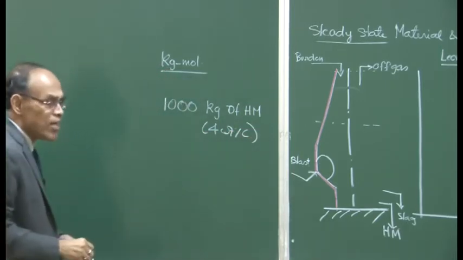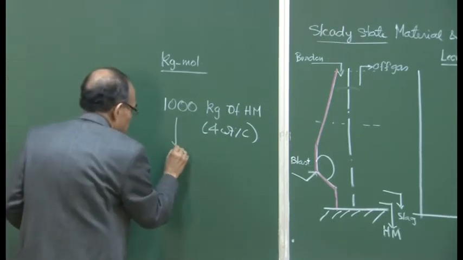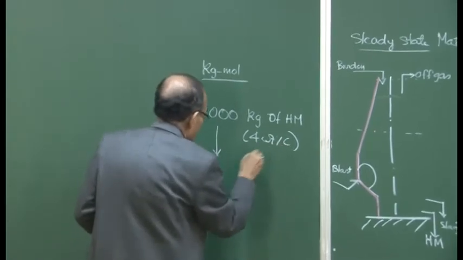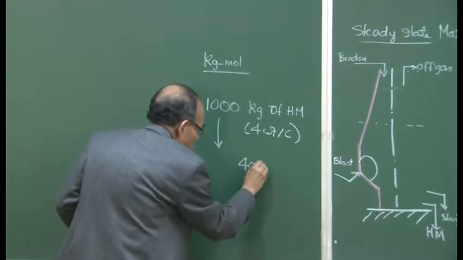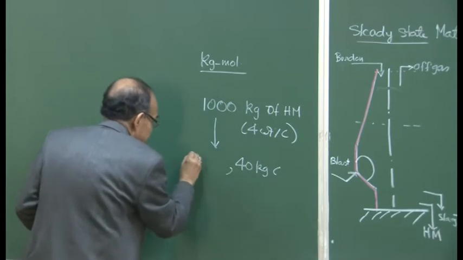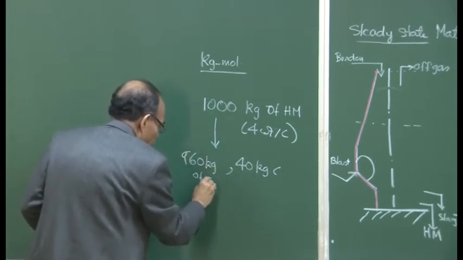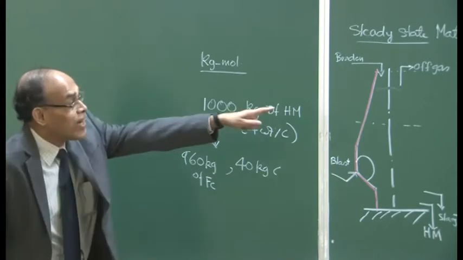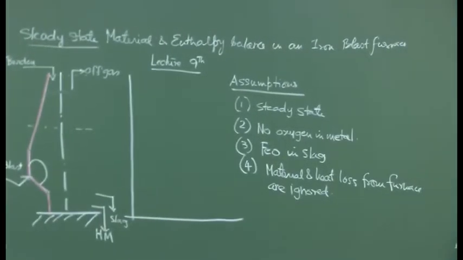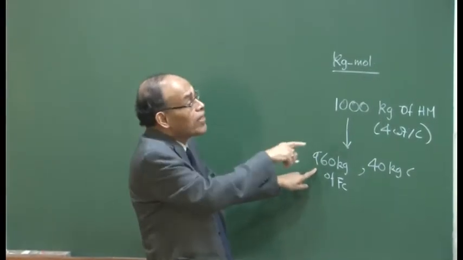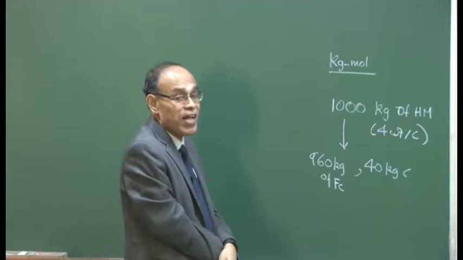So, it is understood that we have 4% carbon, meaning we have 40 kg of carbon, and we have 960 kg of Fe. According to that pink line that I have drawn on the other side of the board, that essentially means that so much ore is to be added which should contain 960 kg, so that the entire 960 kg can manifest in the hot metal.